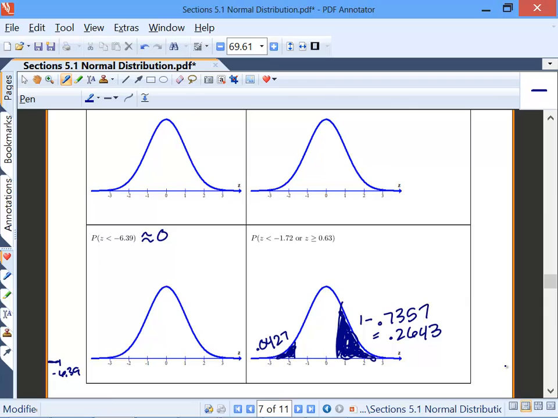Now, so that's the area in each one of the tails, and to get the total area, I need to add them together. 0.307.